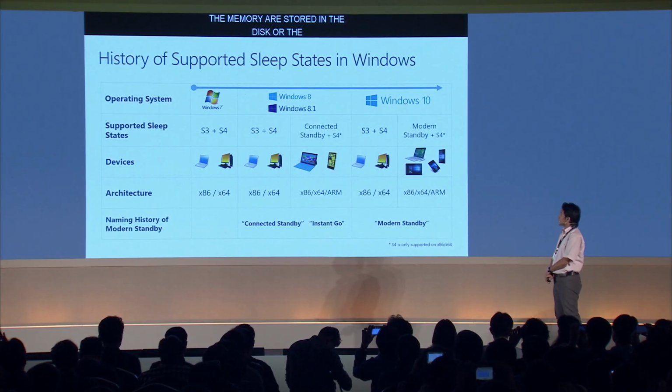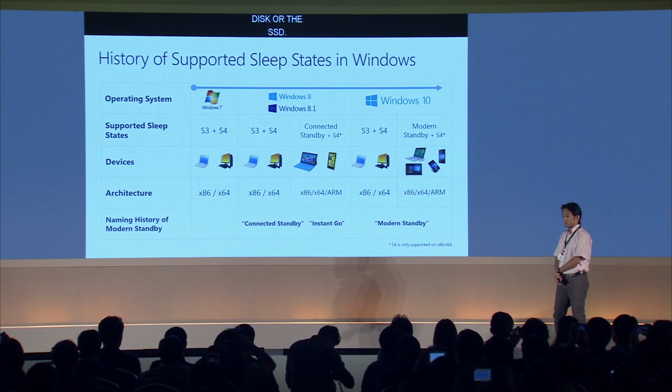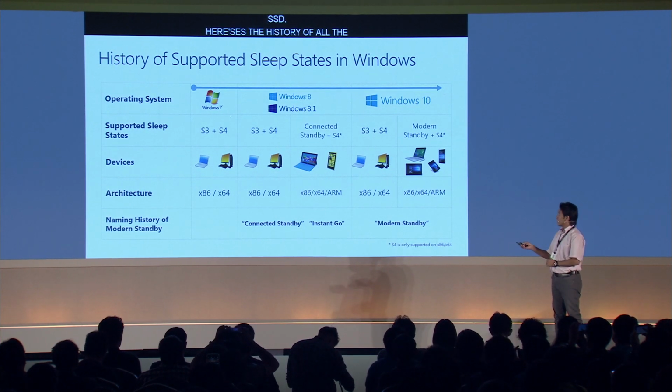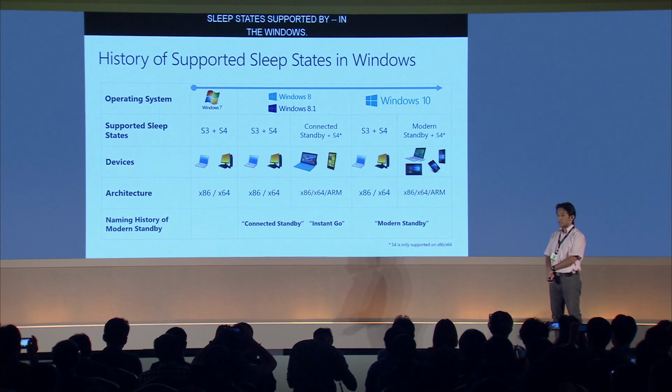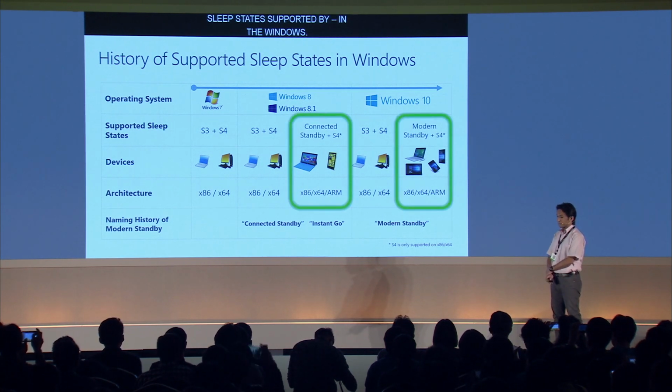Here's the history of all the sleep states supported in Windows. In the Windows 7 timeframe, we only had S3 and S4. The first iteration of Modern Standby was called connected standby. And then in the Windows 8.1 timeframe, it was called InstantGo.